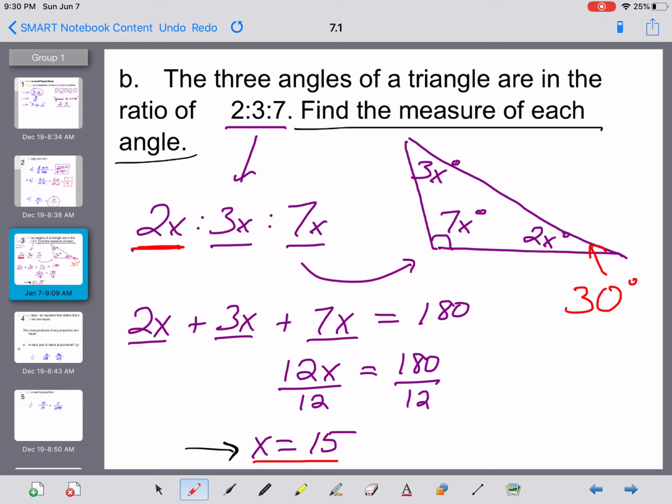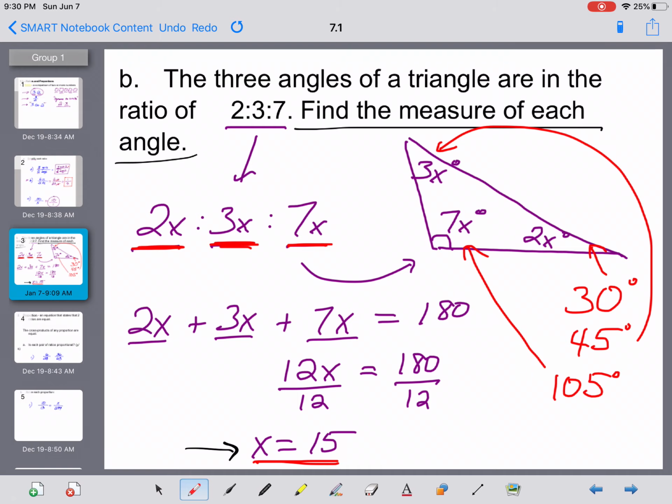The second angle, 3x, we would take 3 times that 15 and get 45 degrees for the measure of this middle-sized angle. And for the third and largest angle, we would take 7 times that 15 and get 105 degrees for the measure of the largest angle located right here.